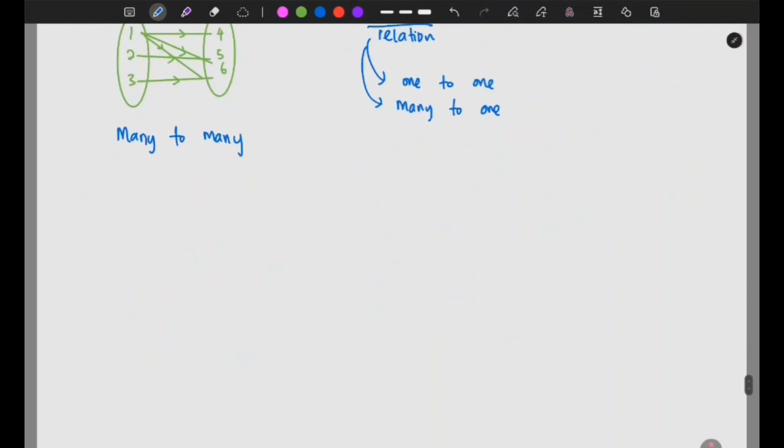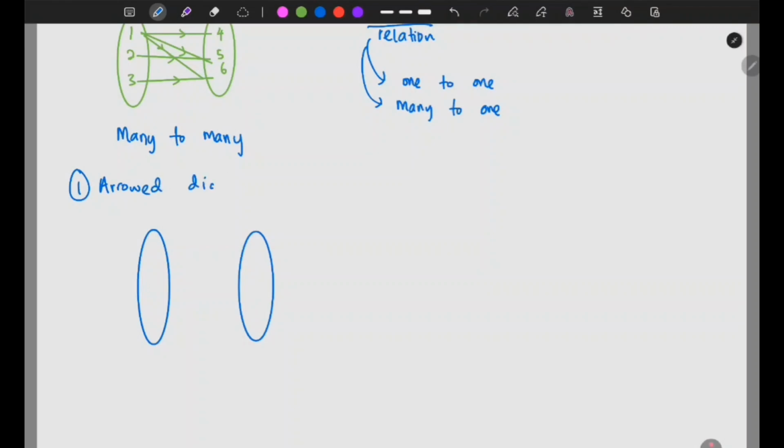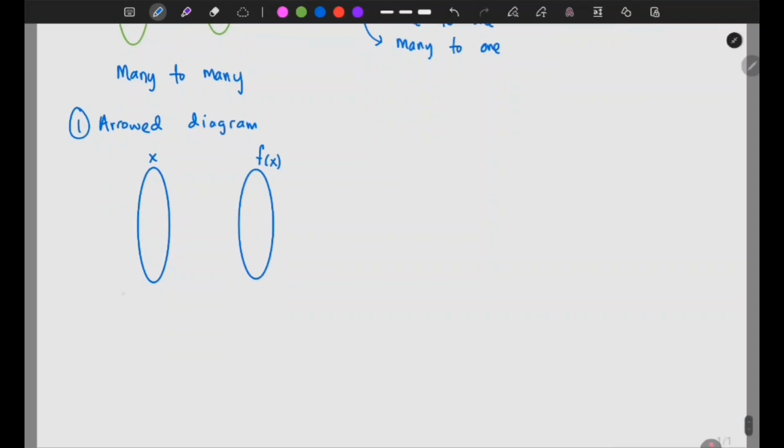So now let's go a bit deeper. Function can be represented in 3 ways. The most commonly used is arrow diagram, which is what I'm using now. Here we have x, here is fx. We also have other names.